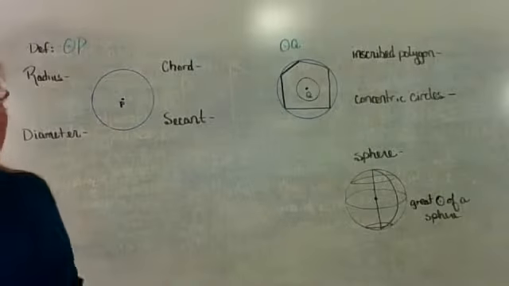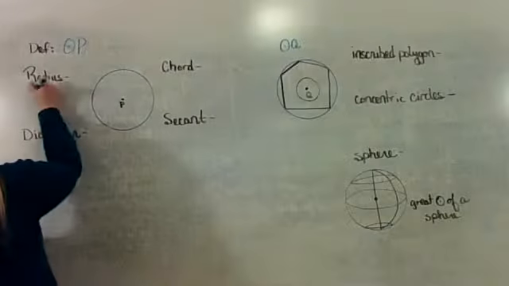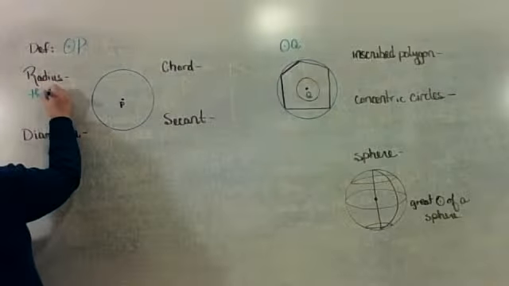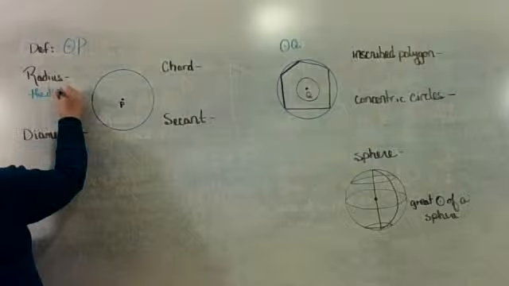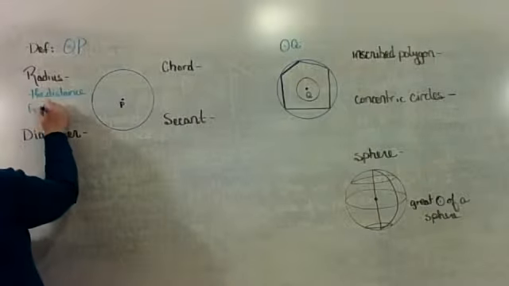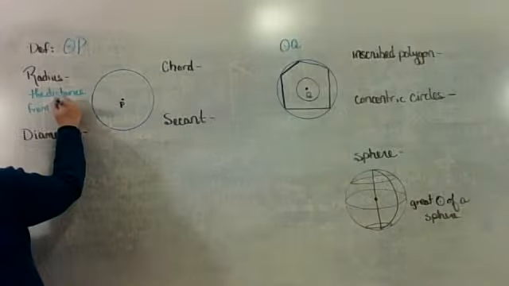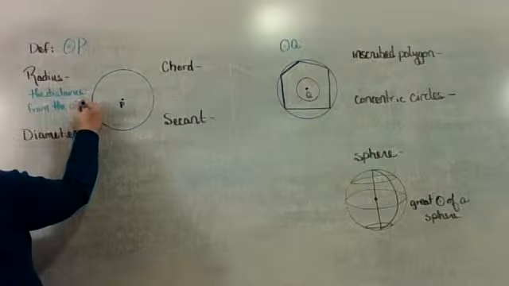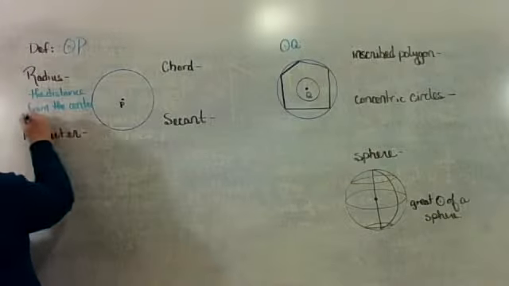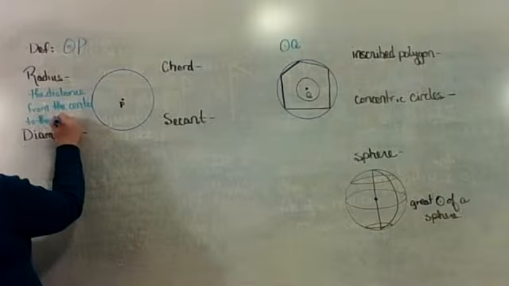Okay. So, first thing we need to talk about is a radius. A radius is the distance from the center to the circle.